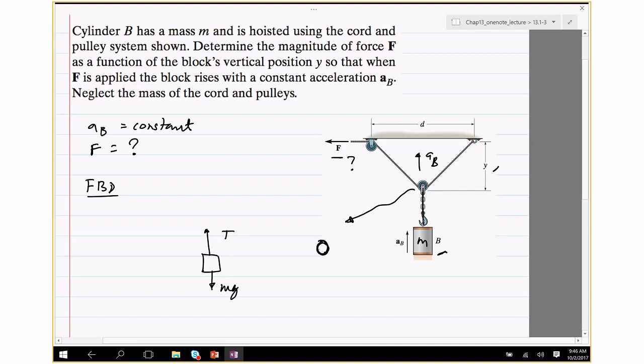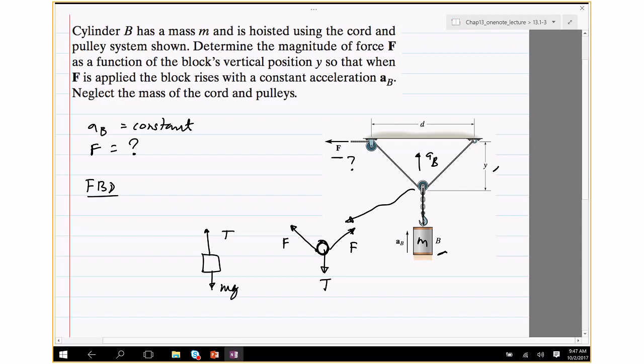There's going to be a force F and the same force F. The reason the force is F and F is because this is the same cable which wraps around the pulley, and you know that the force should be transmitted. It should be the same force at either edge. That is true when the mass of the pulley is negligible. So F is the force, and T acts vertically down.